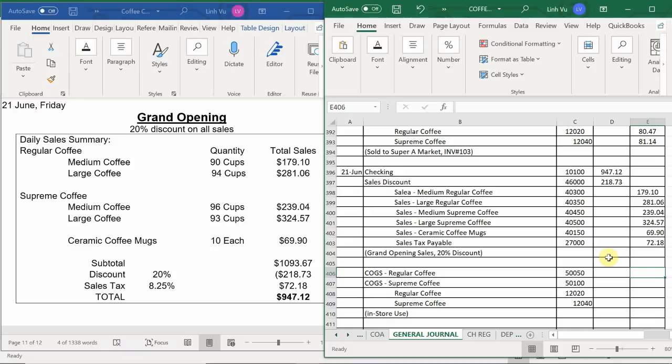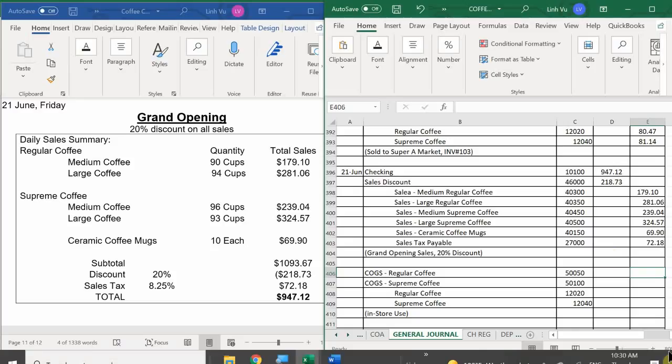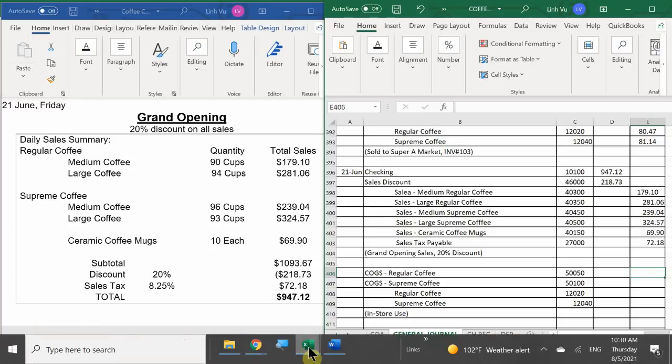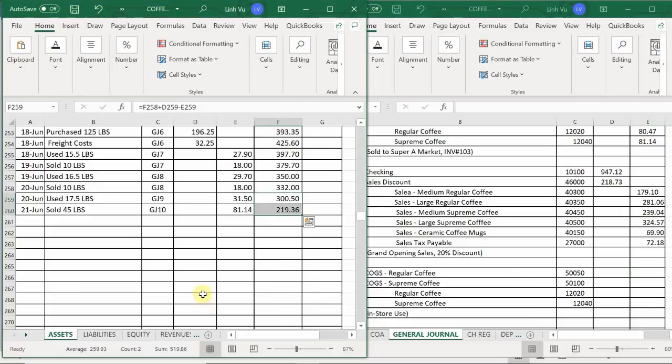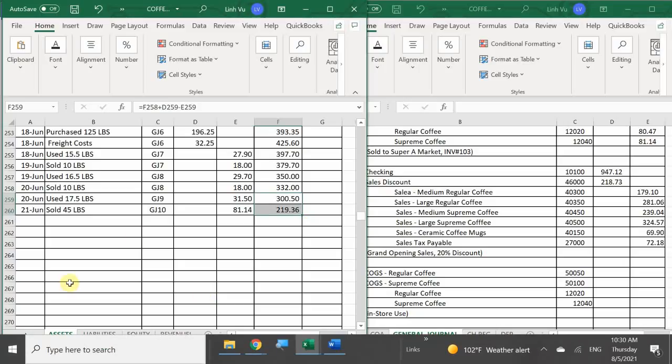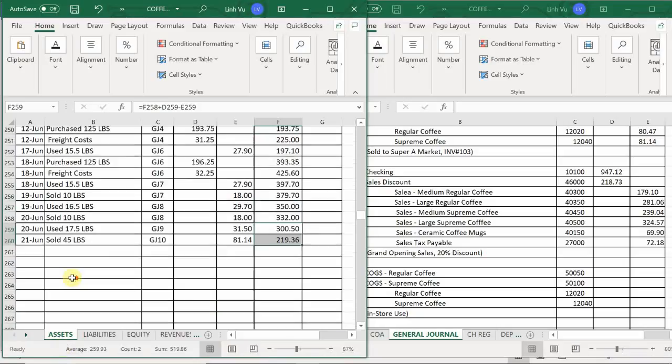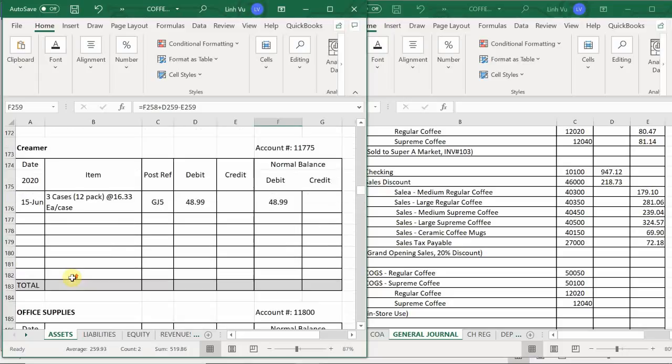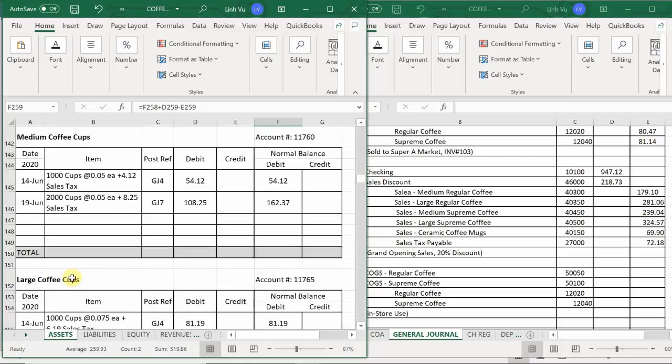Then you go to your general ledger. Regular coffee. We're doing regular coffee first. Did I get it right? Why are we updating our assets? Oh, then I first got it wrong.